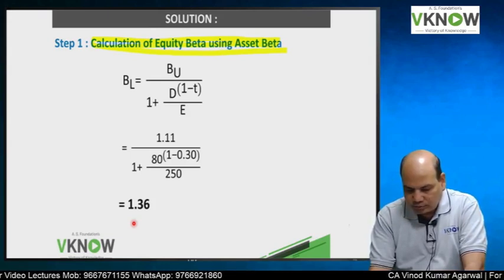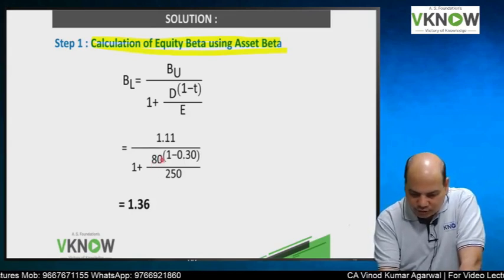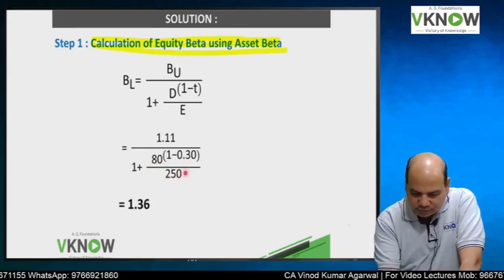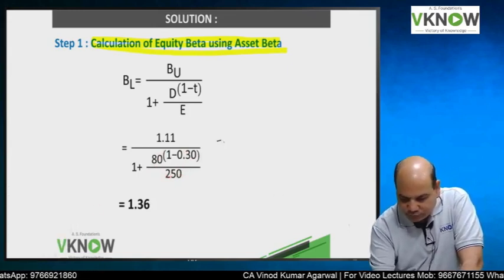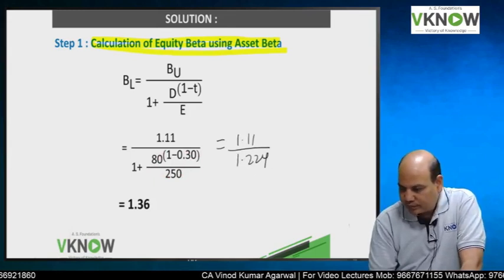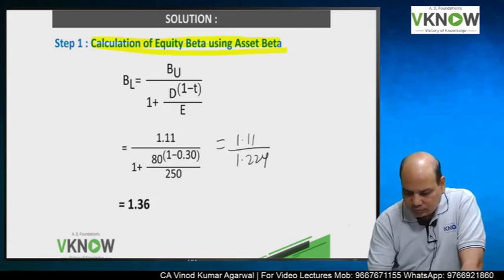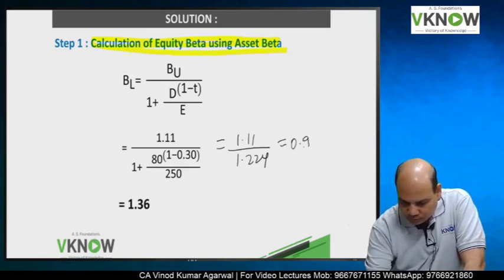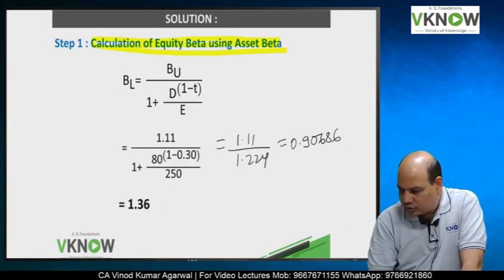Just take on your calculator. First you take 80 on your calculator. Divide by 250 into 0.7 plus 1. So 1.11 divided by 1.224. Now you solve this. 0.90686. You are getting 0.90686.